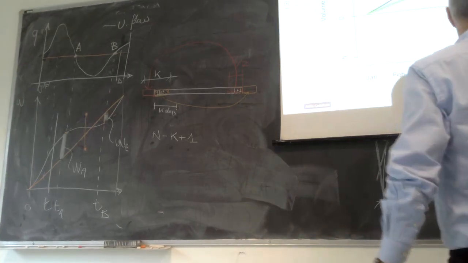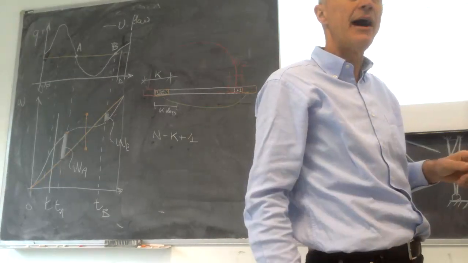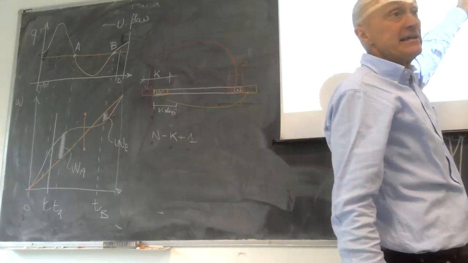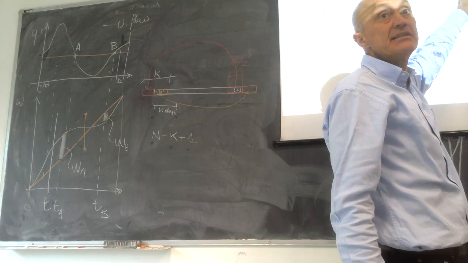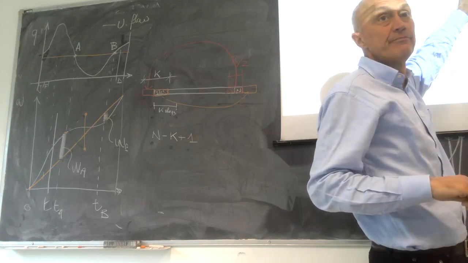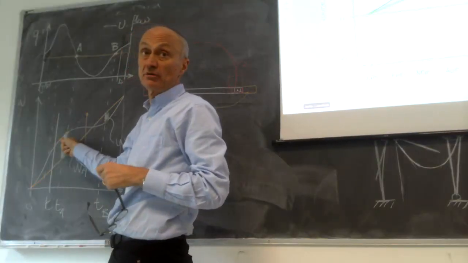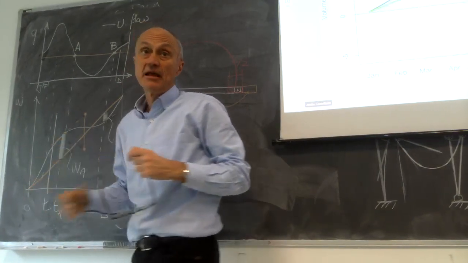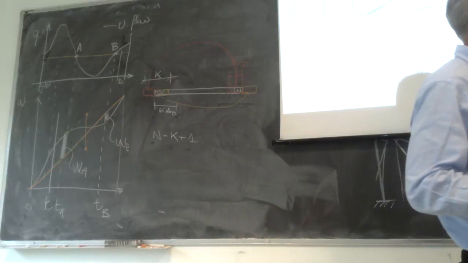Now, with the differences, what we are interested in are the highest positive difference. This is WA. Highest possible difference. And the smallest possible difference.